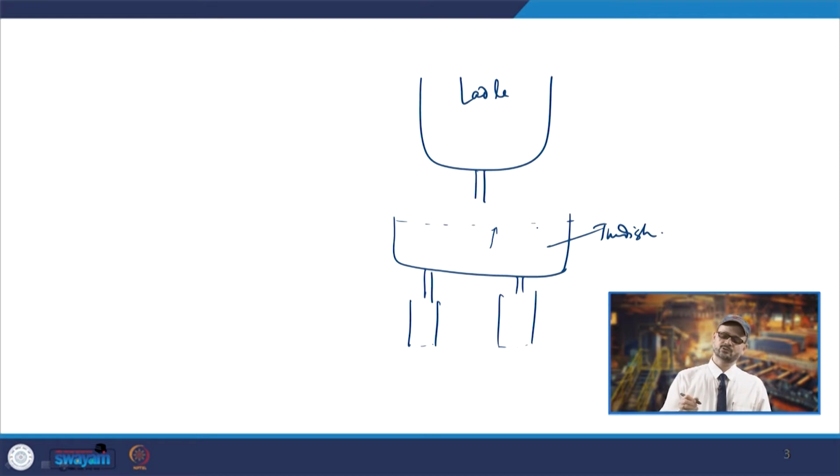Then, on the inclusions, one force will be because of the velocity of the existing liquid in which these particles are present, that is, the fluid velocity component. Another will be because of the rise velocity of these inclusions.